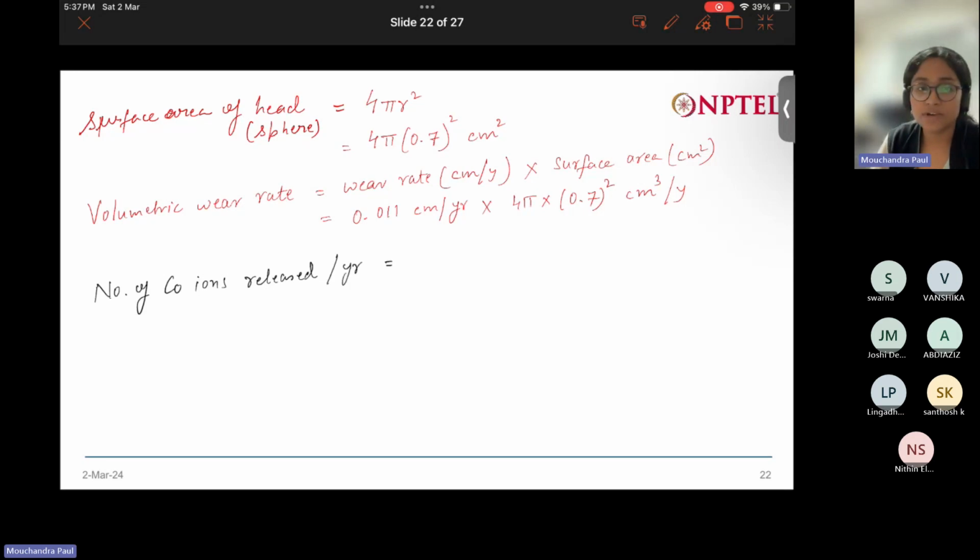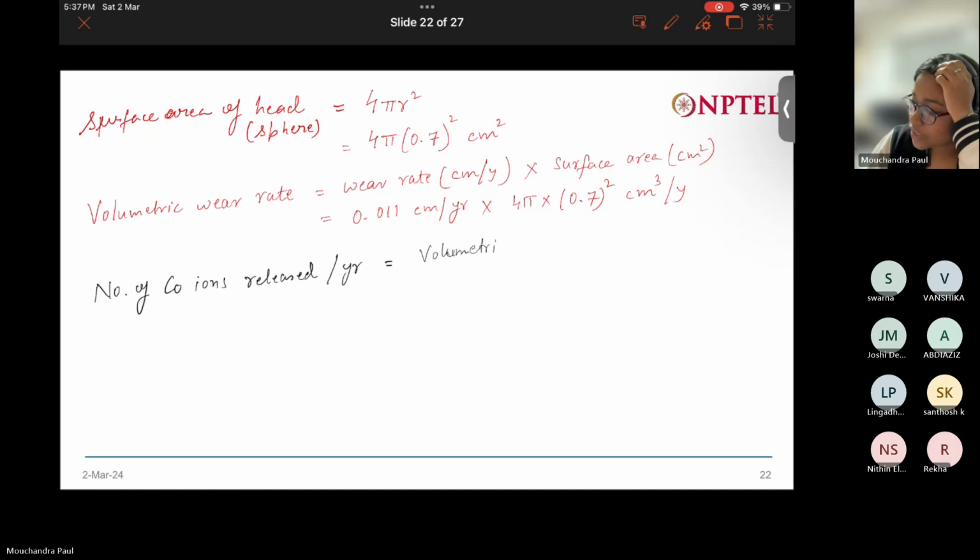We are given the time frame of per year. So we have to construct the equation. Why volume are we considering? Because the entire head will start leaching. So we have to consider the bulk as well, not just the surface. That is why I calculated the volumetric wear rate. So first take that volumetric wear rate.